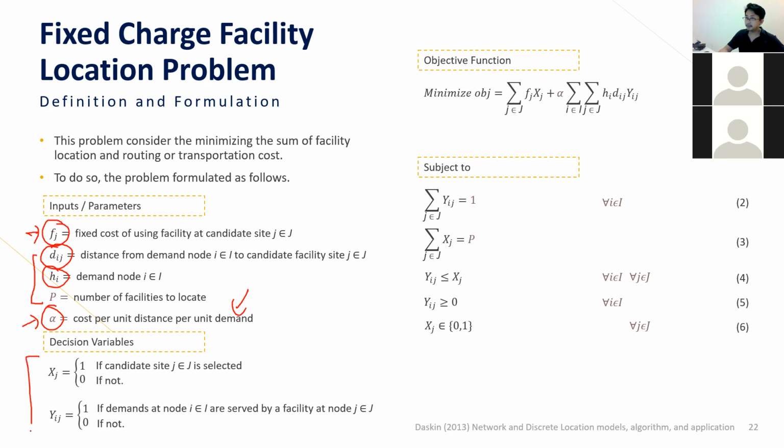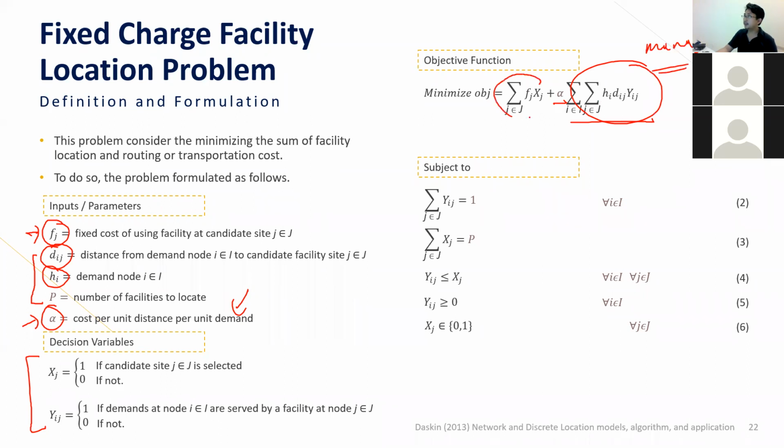And for the decision variables, basically it's the same as p-median. Okay, xj, yij, it's all the same. And even the objective function here, this part is the same as the median problem. But we have an additional multiplication with alpha to convert this into a monetary measurement in terms of cost.